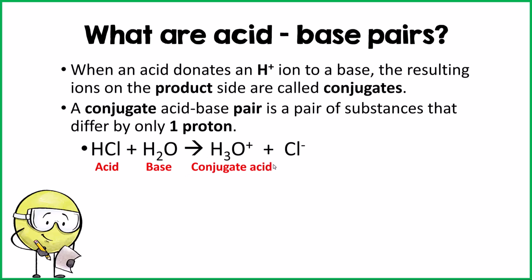The hydronium ion is going to be our conjugate acid because it has received a proton from the hydrochloric acid. So it actually now has an extra proton that it can donate in another reaction or in the reverse reaction. And so we now call it a conjugate acid. And the chloride here has lost a proton, and it can then become a proton acceptor.